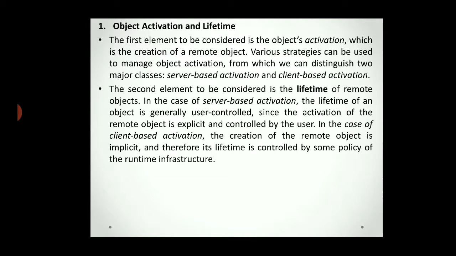Different frameworks provide different levels of control of this aspect. Object activation and lifetime management are features that are now supported to some extent in almost all the frameworks of distributed programming languages, since they are essential to understand the behavior of distributed systems.